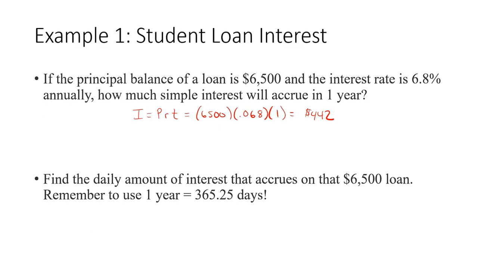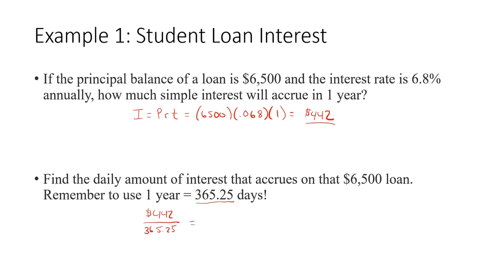If we want to find the daily amount of interest that accrues on the loan, we just want to take the value that's accrued in a year, $442, and divide by the number of days in a year. We're going to use 365.25 because it's the most accurate representation of the number of days in a year. And so to find the daily amount of interest, well, that's $442 per year divided by 365.25 days in a year.